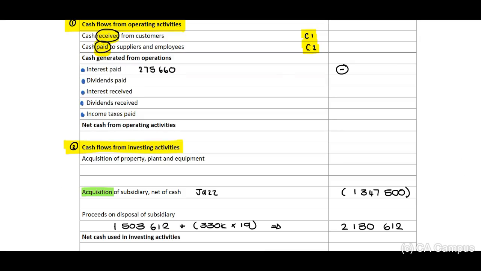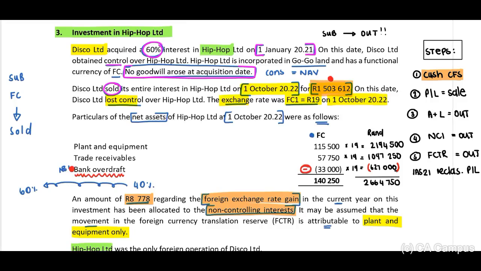Therefore, on the face of our cash flow statement, when you look at our cash flow from investing activities, we have our proceeds from the disposal of our subsidiary, the 1503612, plus our bank account, 330 times 19, and this will be an inflow of cash. Remember, proceeds, we sell.